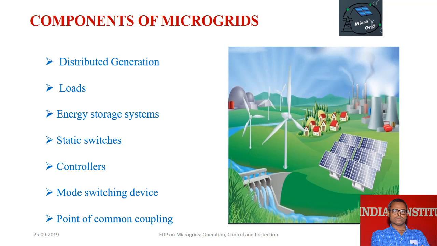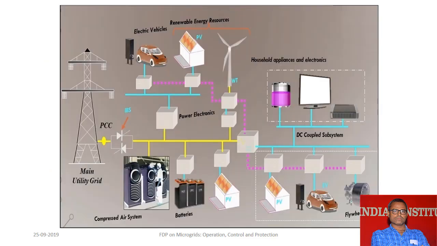Then the point of common coupling, where the microgrid is connected to the grid. So this is a typical microgrid structure we can see here, right? This is the PCC where the microgrid is connected to the grid. This is a typical microgrid structure where electric vehicles, renewable energy sources, storage, and household equipment, everything is there, right?